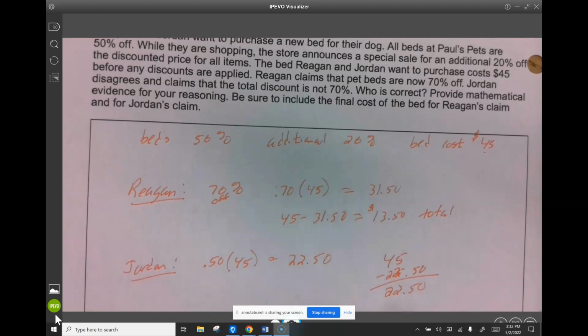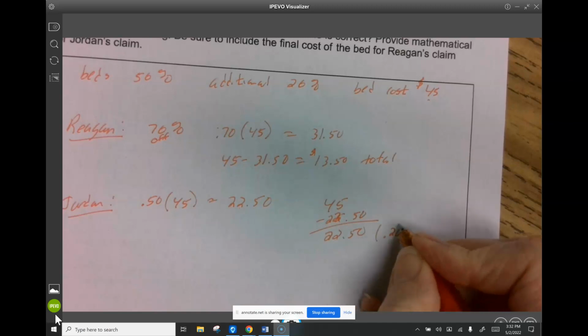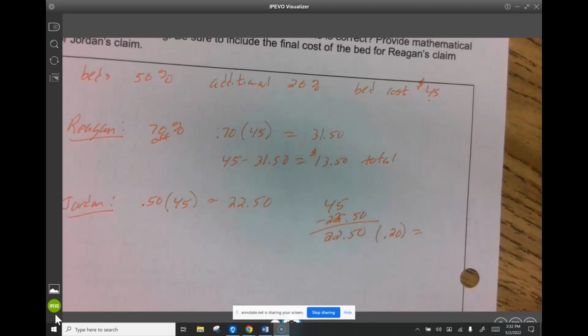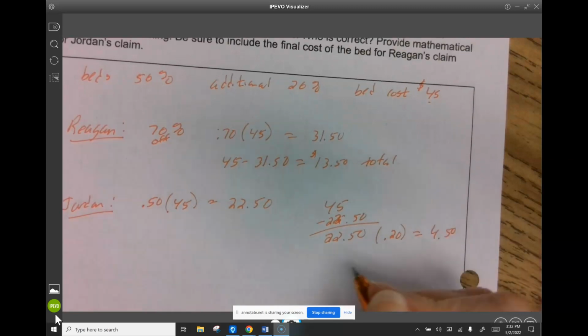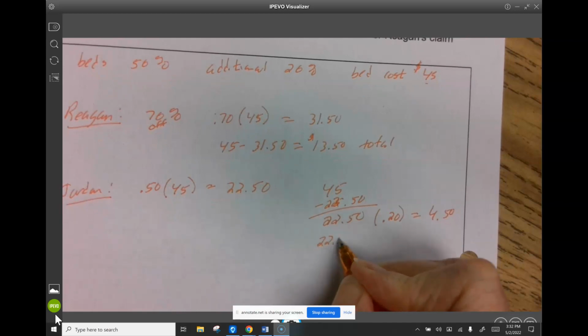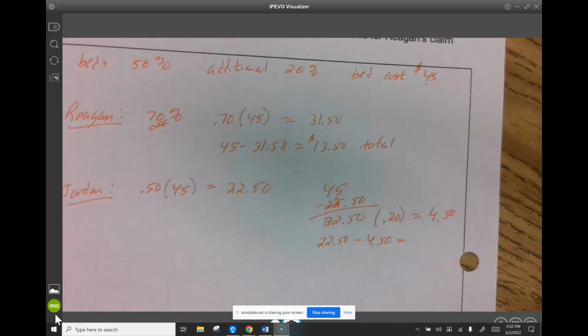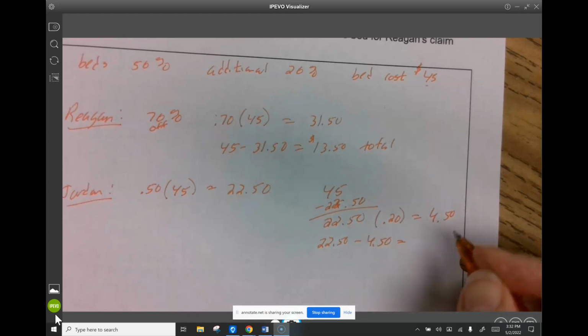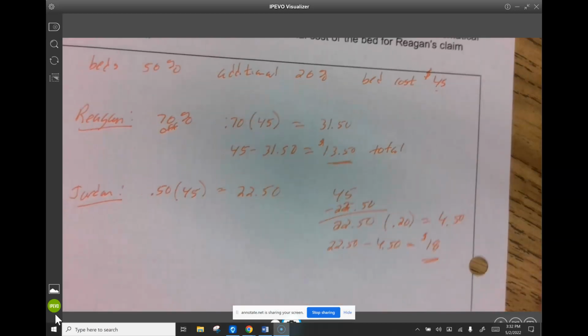Okay, now we get to take 20% off of that. So I'm going to take 20% off of that, and I get $4.50. And so I'm going to take $22.50 minus $4.50, and I get $18. So you can see the price is not the same.